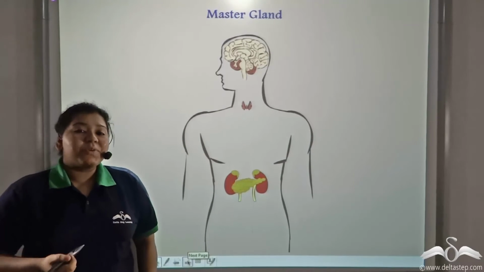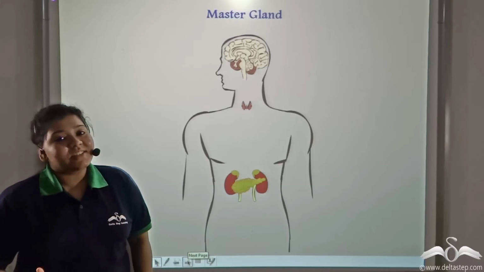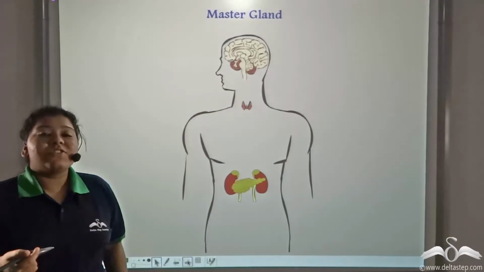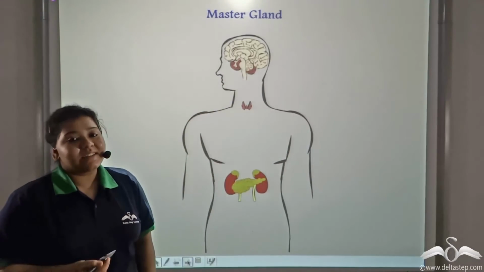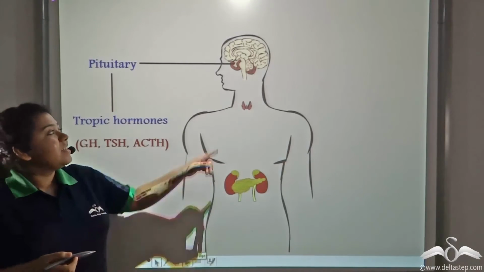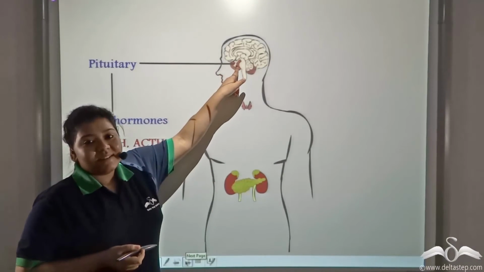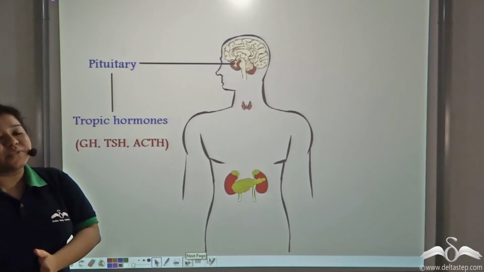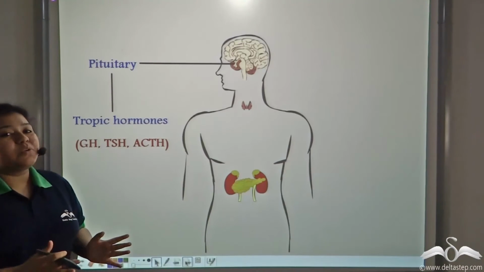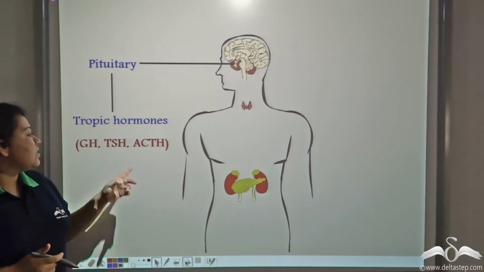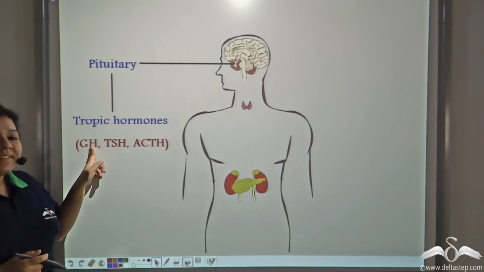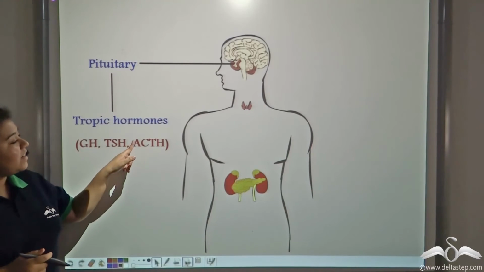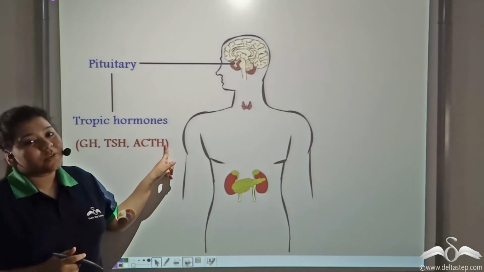Now, all these endocrine glands and their secretion of hormones is regulated by this master gland, which is known as the pituitary gland. The pituitary gland is located in the brain. It has two lobes, the anterior lobe and the posterior lobe. Now, the anterior lobe secretes three hormones known as growth hormone, thyroid stimulating hormone, and adrenocorticotropic hormone.